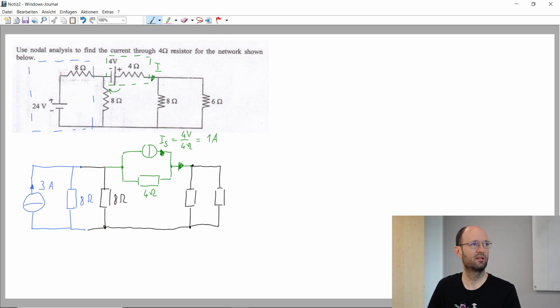And now it should be fairly easy because we have just current sources to do the calculation here. So this is another 8 ohm, and this is 6 ohm.